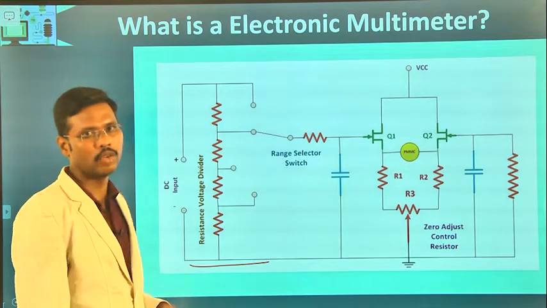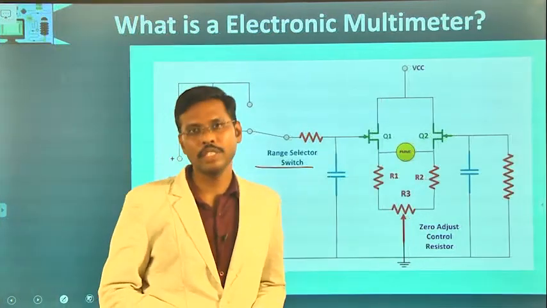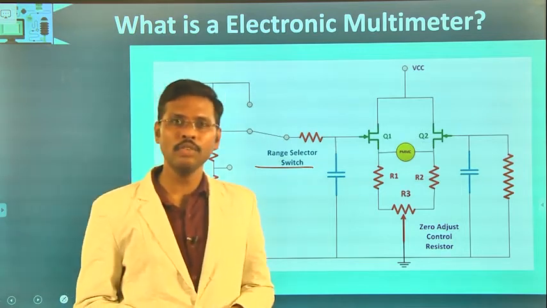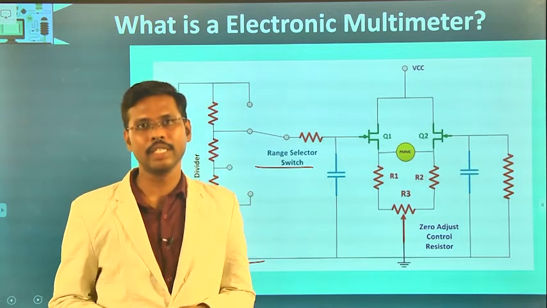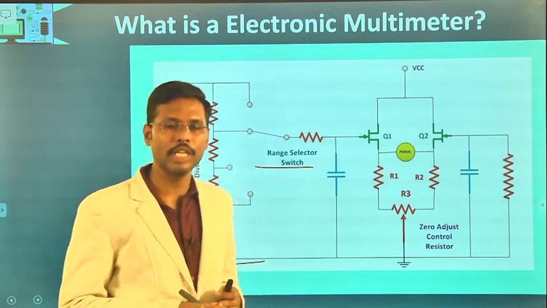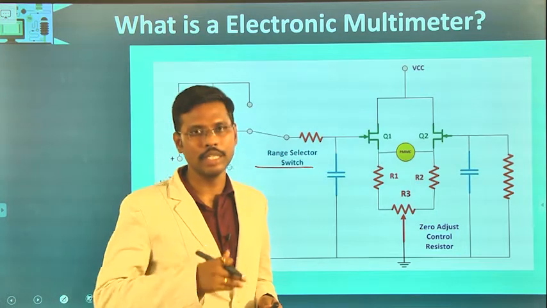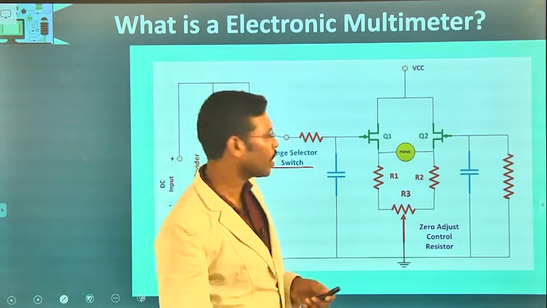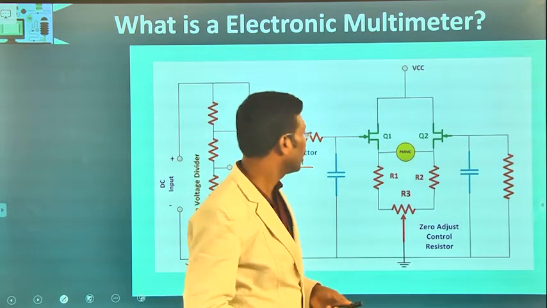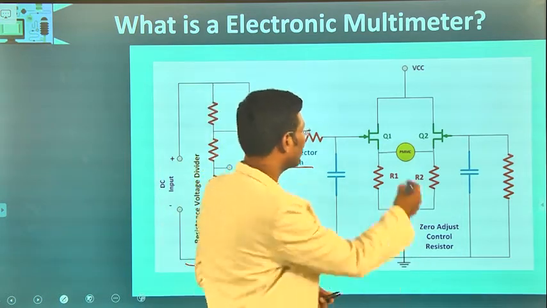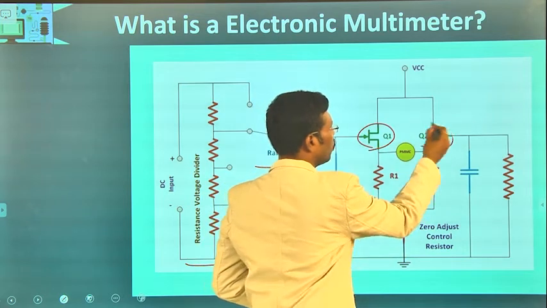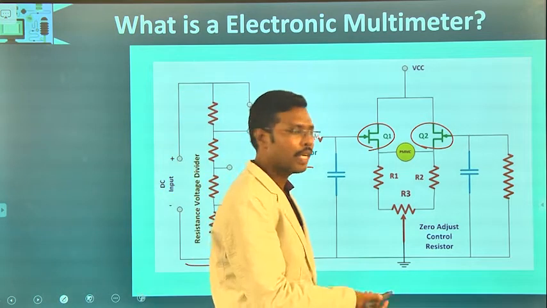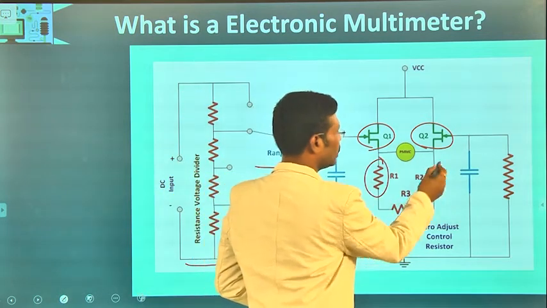using this attenuator. Here we are having a rectifier circuit also inbuilt in this multimeter, which is used for the conversion of AC signal into a DC signal. We also have an amplifier bridge circuit, and this amplifier bridge circuit is made up of two FETs, Q1 and Q2, which are connected in opposite to each other, and these two FETs are connected with two resistors in series to them.